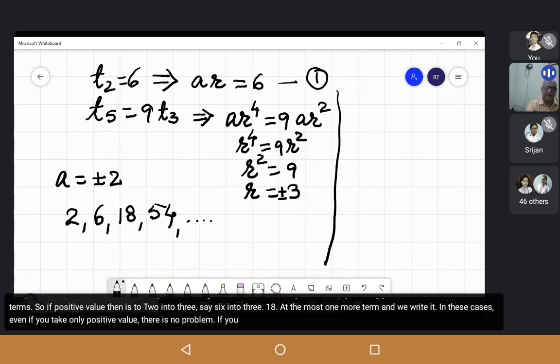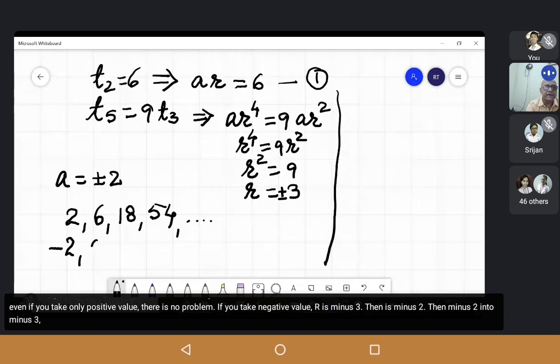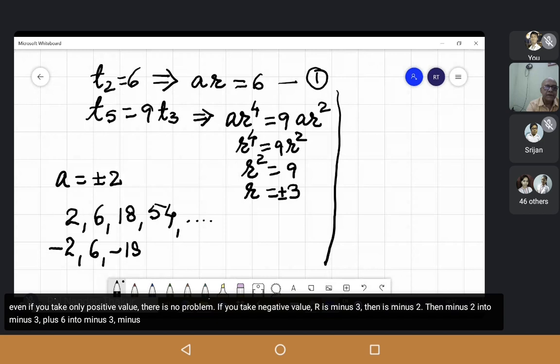If you take negative value, R is minus 3, then A is minus 2, then minus 2 into minus 3 plus 6, into minus 3 minus 18, into minus 3 plus 54 and so on.